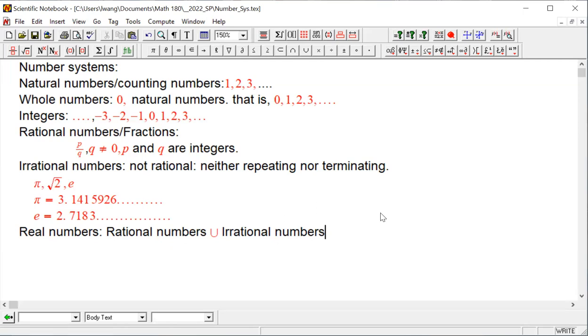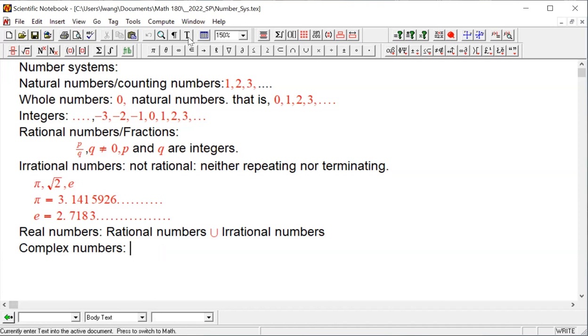We have an even larger category of numbers, and they're called complex numbers. Complex numbers are another category. It's the largest category yet. So what are complex numbers?